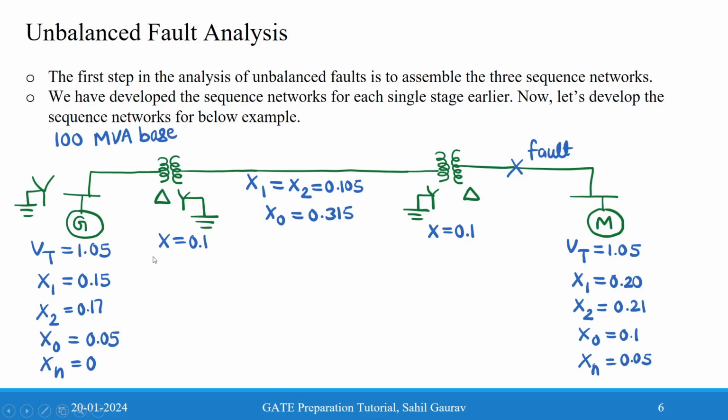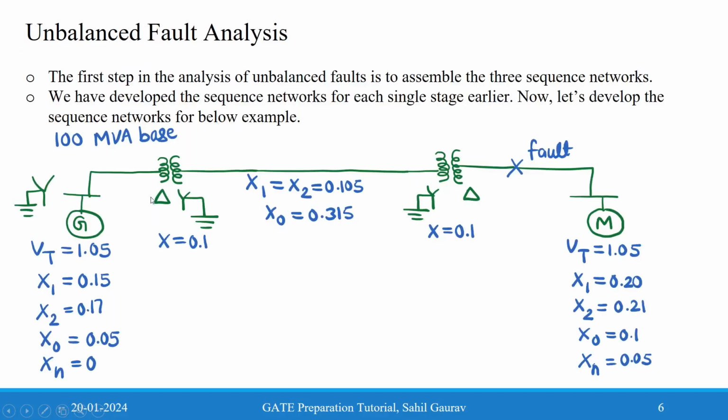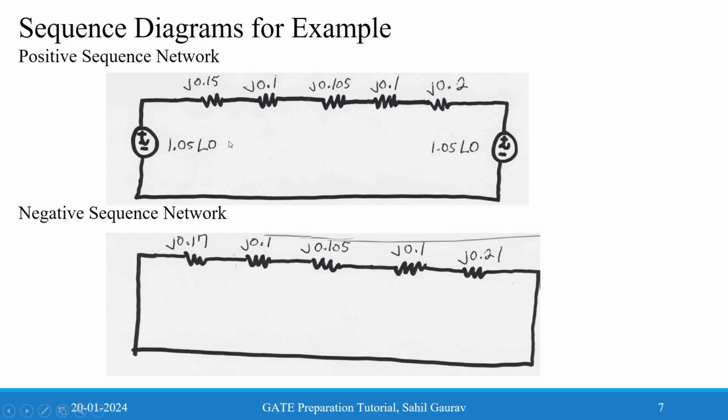So that's all. Now first we will solve this positive sequence network. In the positive sequence network, we are considering the EMF for both generator and motor, and since it is a delta star connection, there is nothing related to it for the positive sequence network. It comes into the picture for the zero sequence network.